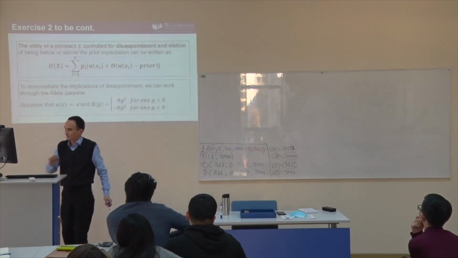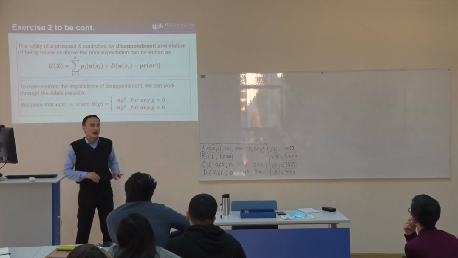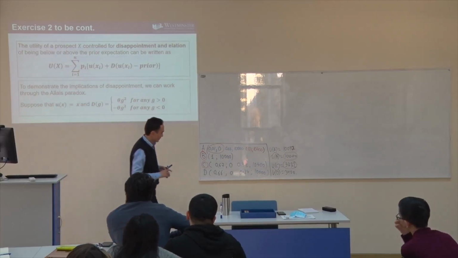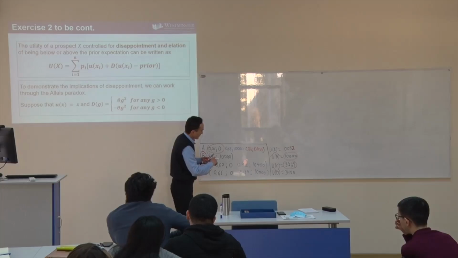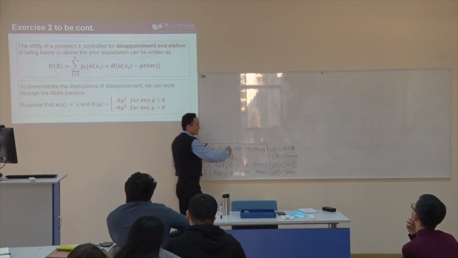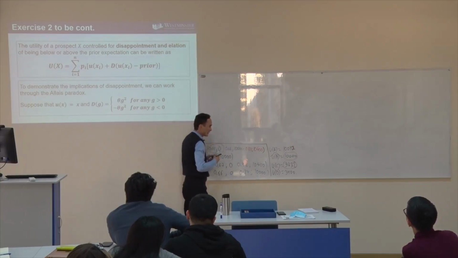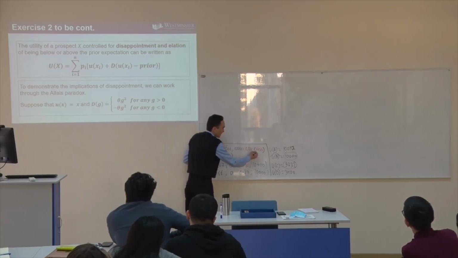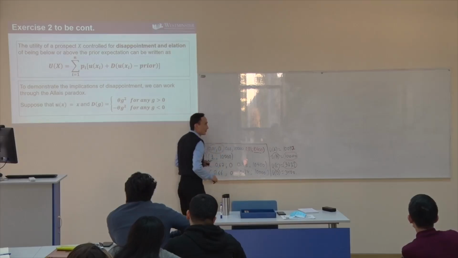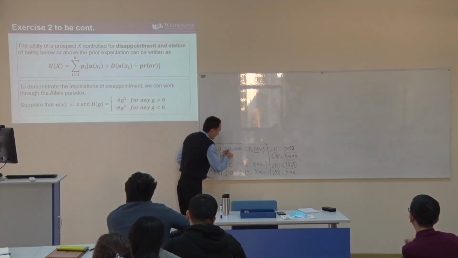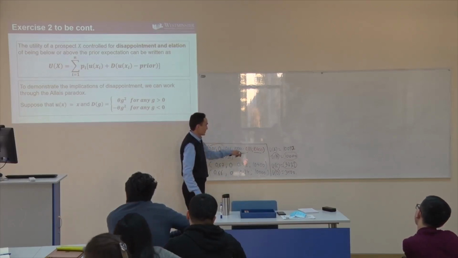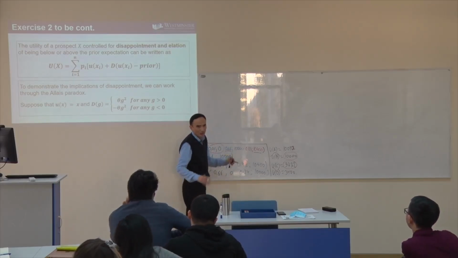Next, I have told you, students, that for example, if I am going to choose prospect A, there are these three outcomes, right? If I end up having 10,400, I'm happy, yes? If I end up with 66% of 10,000, still okay.